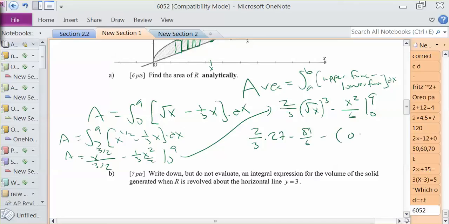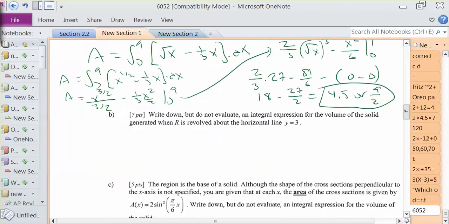And don't worry about the 0, because that's just going to go away. So you should get 18 minus 27 halves, which will get us 4.5, or you could say 9 halves. And I think this is fine for most people, but I just wanted to go over that.